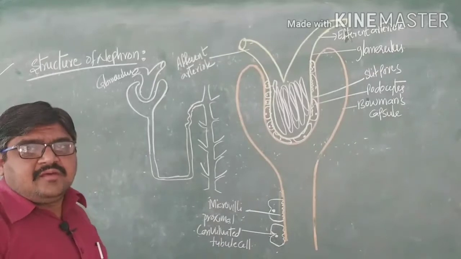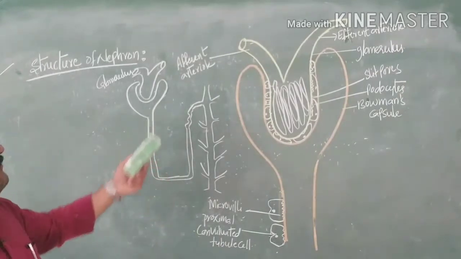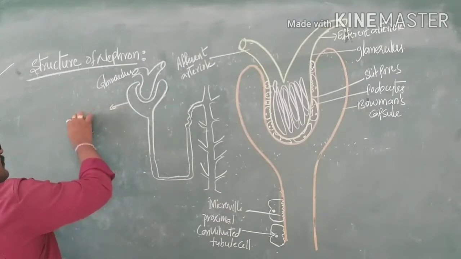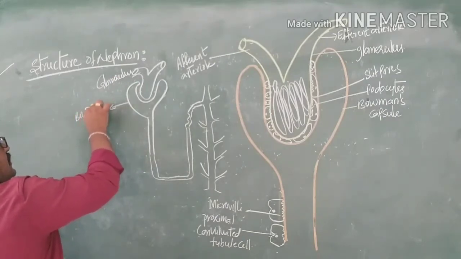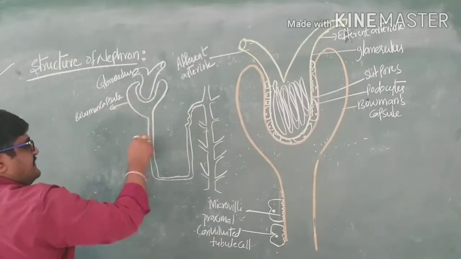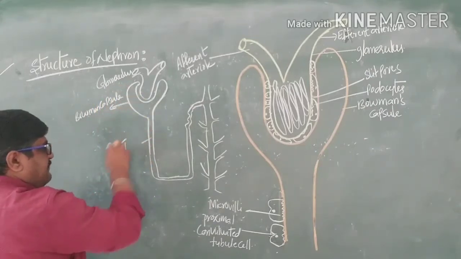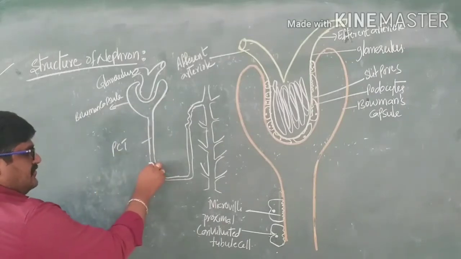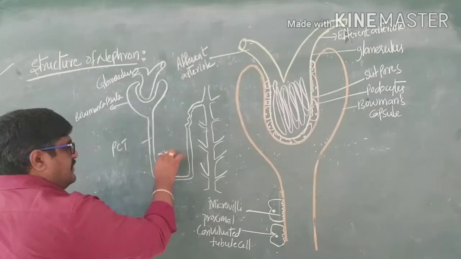Now in the diagram of the nephron, this is called glomerulus, this is called Bowman's capsule, and this is called PCT. PCT means proximal convoluted tubule, and this is called the Henle's loop.